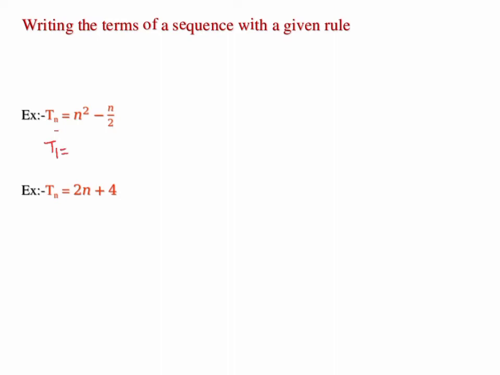T1 will be what? 1 square minus 1 by 2, that is 1 by 2. T2 will be what? 2 square minus 2 by 2, that is equal to 4 minus 1 equals 3.